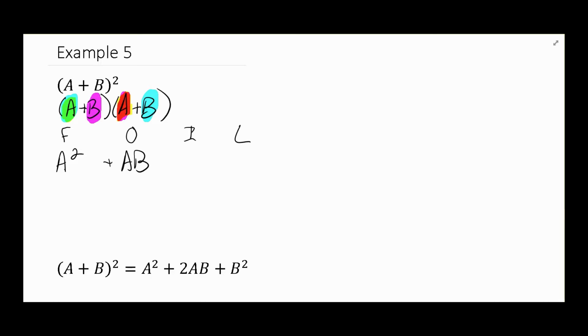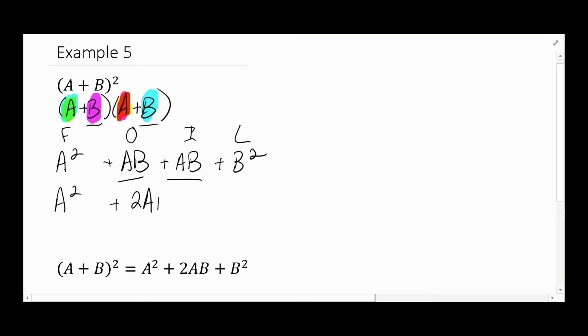You know, it's ba, but who cares about order of multiplication? So we'll call that ab as well. And then our last is b times b, or b squared. Now, just like always with FOILs, our two middle terms, we're going to see if we can combine like terms. And I have 1ab plus another 1ab. So that gets me 2ab. And so that gets us the formula in question.